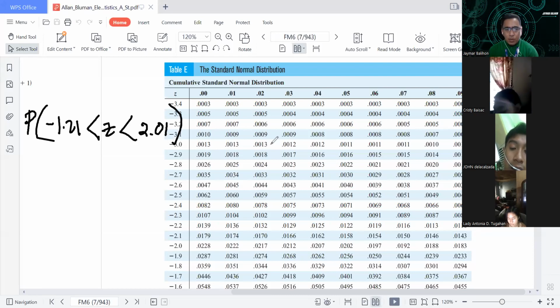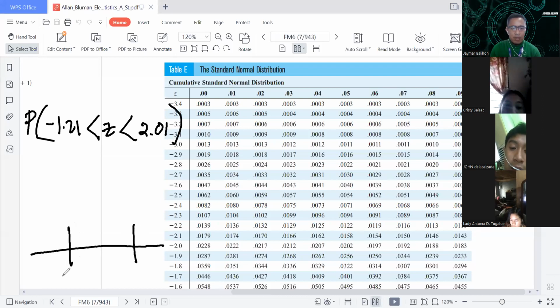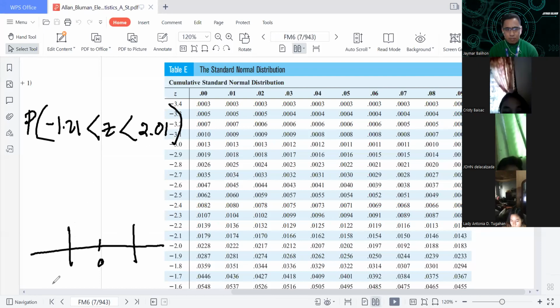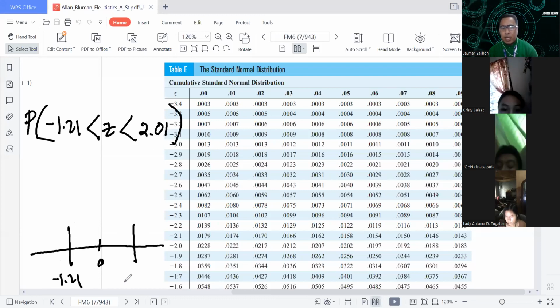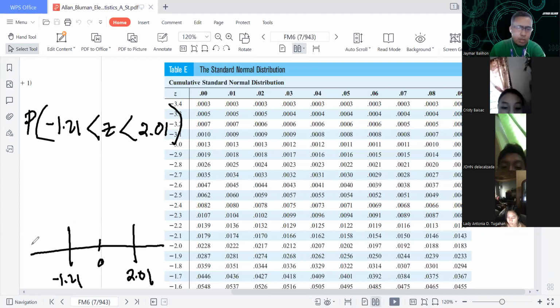How to do it? First, let us graph it to make it clear. If this is 0, obviously negative 1.21 is left of 0. Since 2.01 is positive, it should be to the right side of 0. And if we draw the curve, it must look like this.